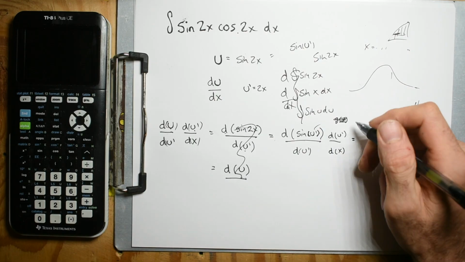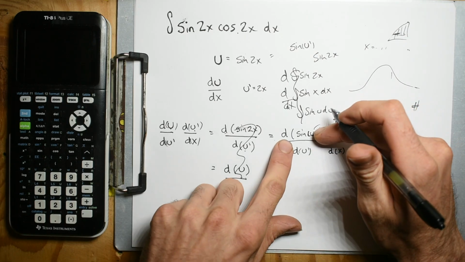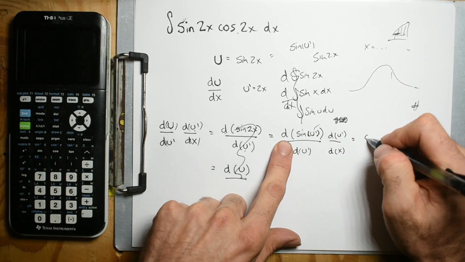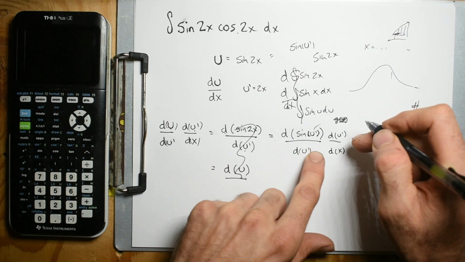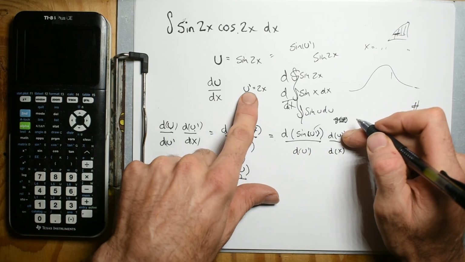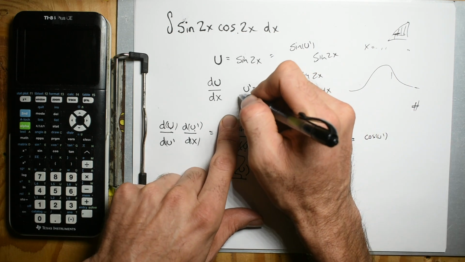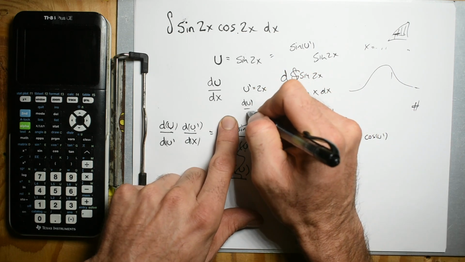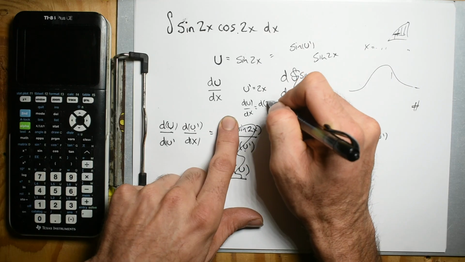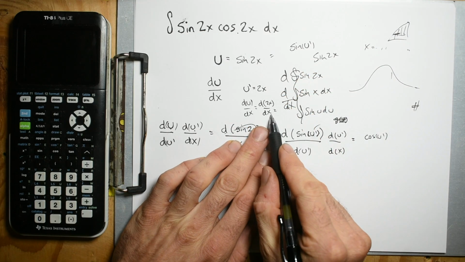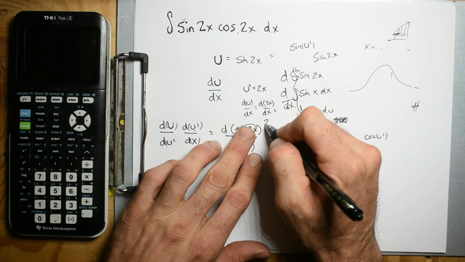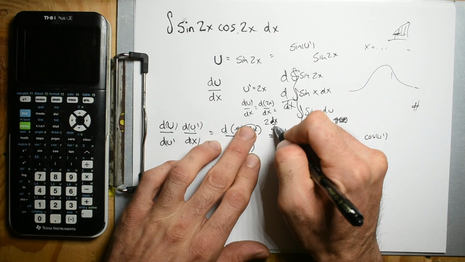So the derivative of sine is going to be cosine u prime, and then the derivative of u prime with respect to x is the derivative of 2x with respect to x. Even on these simple ones, it's good to write this. Even take out the constant and then dx.